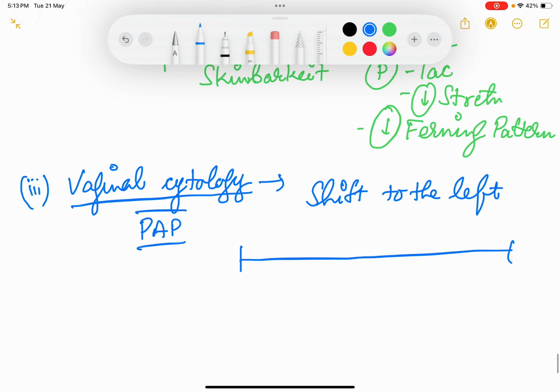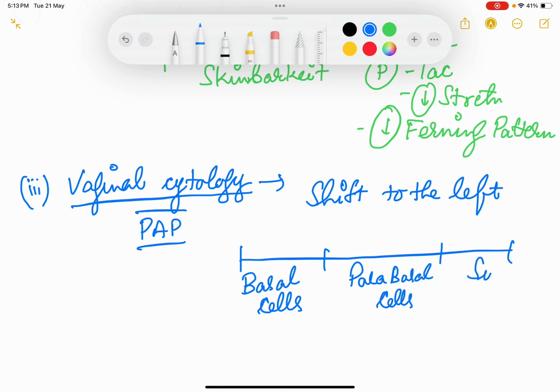When you see vaginal cytology, there are three types of cells which are found. Number one is your basal cells. Basal cells we write on the left side, followed by parabasal cells, which are written in the middle, and on the right we write all the superficial cells.